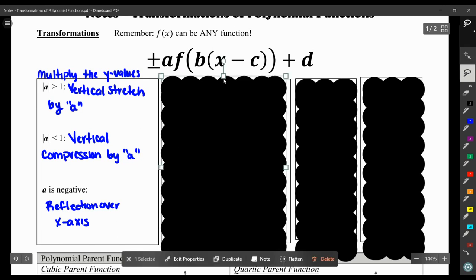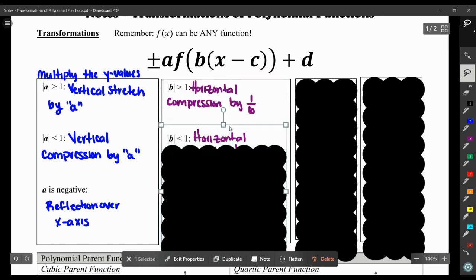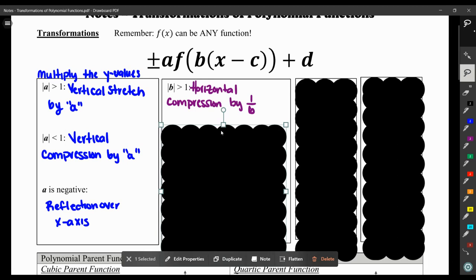B is extremely similar, except B is slightly backwards from A because B affects the x value, it affects the input. So if B is greater than 1, there is a horizontal compression. So now you are compressing in, you're pushing in from left to right and making the graph basically narrower from the outside view. And it's actually a compression by 1 over b.